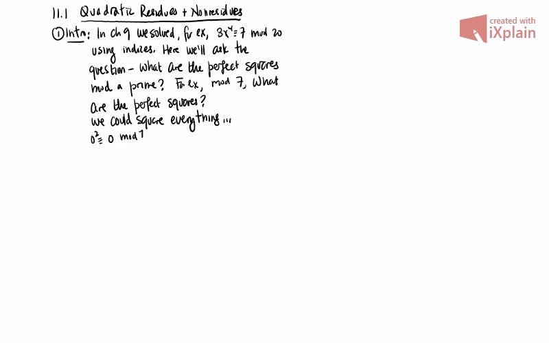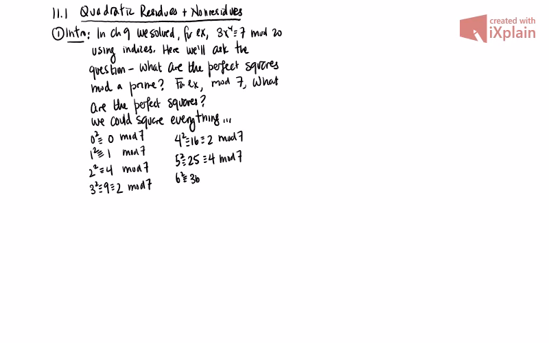This is all mod 7. 1 squared is 1. 2 squared is 4. 3 squared is 9, but that's 2. 4 squared is 16. But that's also 2. 5 squared is 25. That's also 4. And 6 squared is 36.